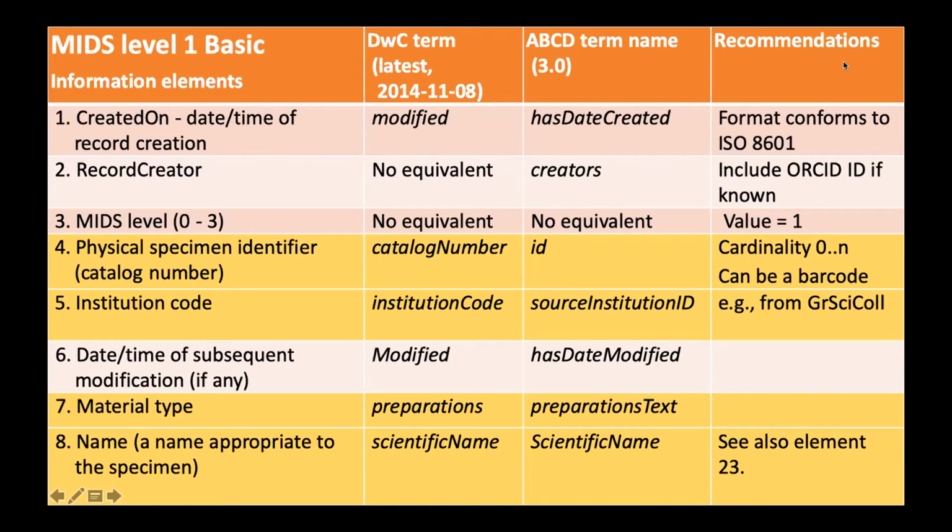So: created on, record creator, the value of what level this record is at, physical specimen identifier, and so on. Name is qualified by one of the later elements.